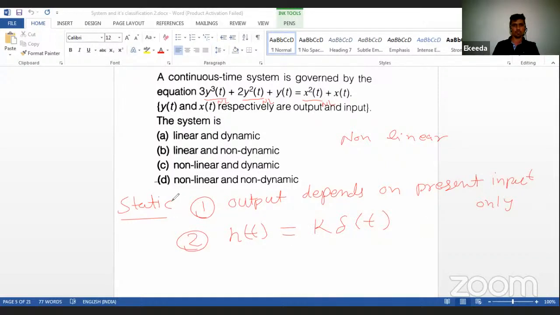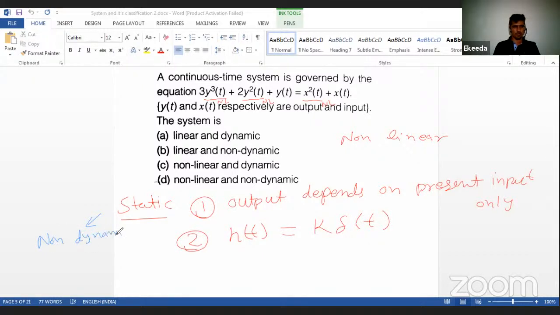So we will use the first definition, because the system relationship is given. Here the output is not depending on any past or future value of input. So the system is static, which we can call non-dynamic.